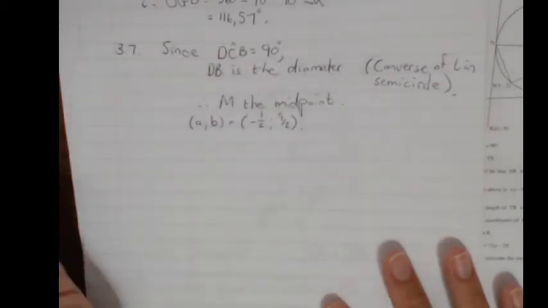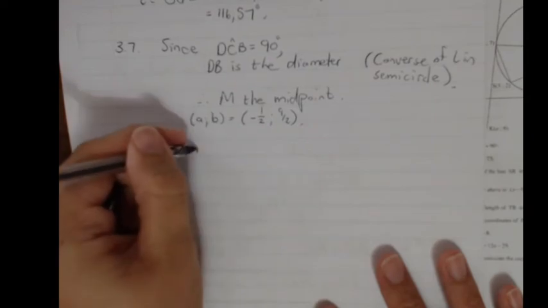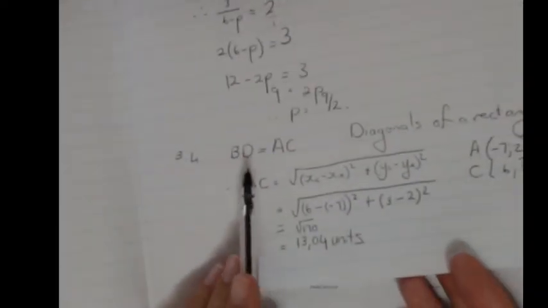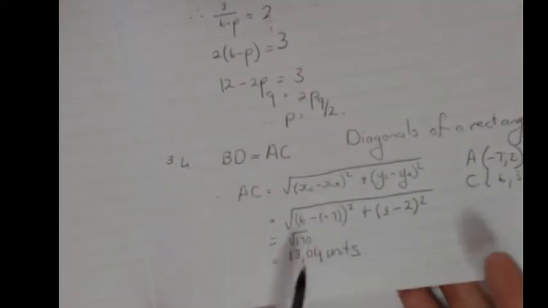All right, then I need the radius. So if you look at the sketch, if M is the midpoint, C lies on the circumference, that's the length of the radius. So basically half of DB. And I also calculated the length of BD earlier as 13.04.